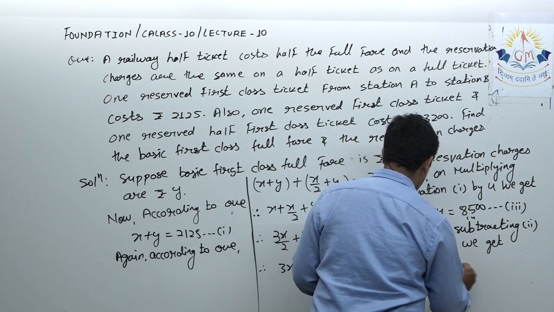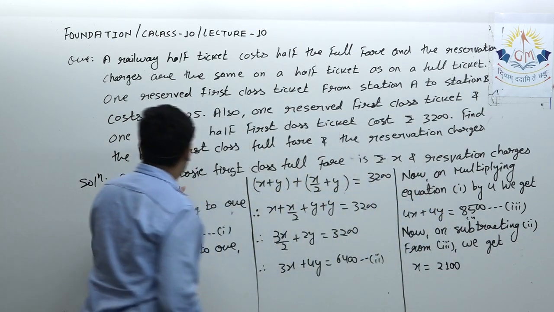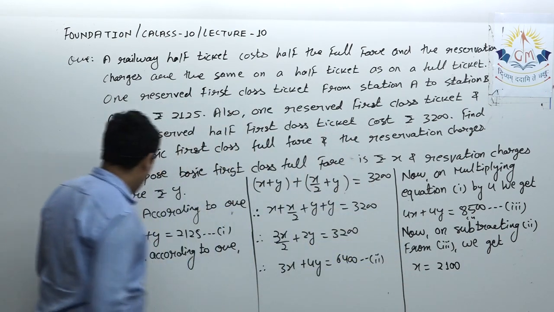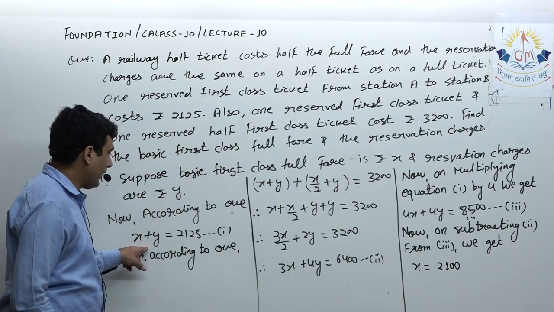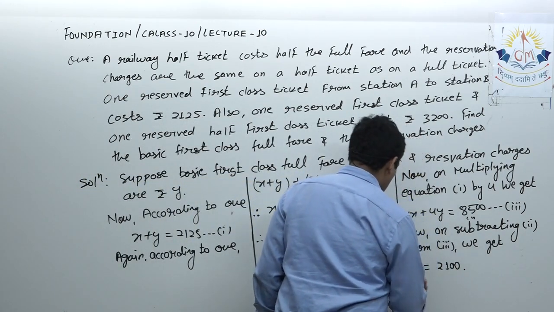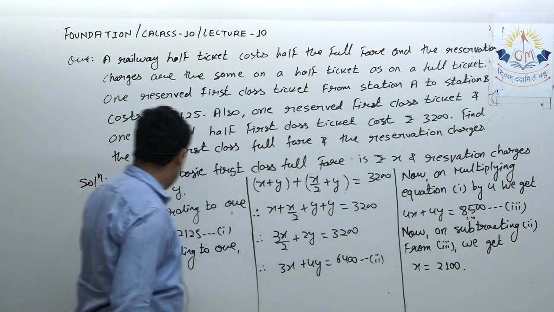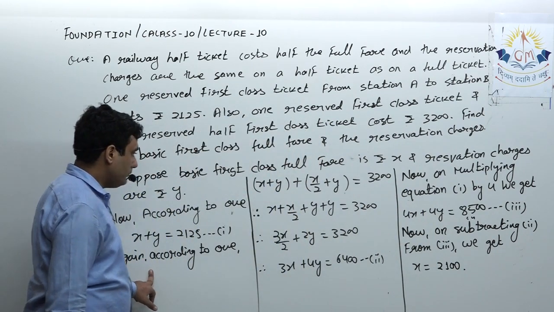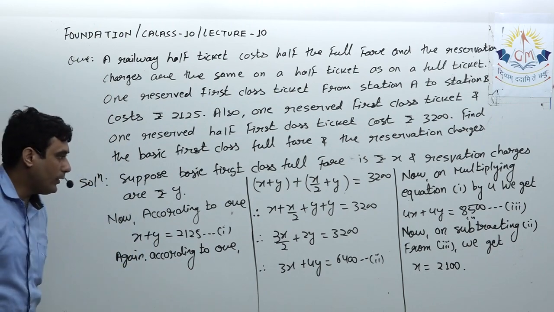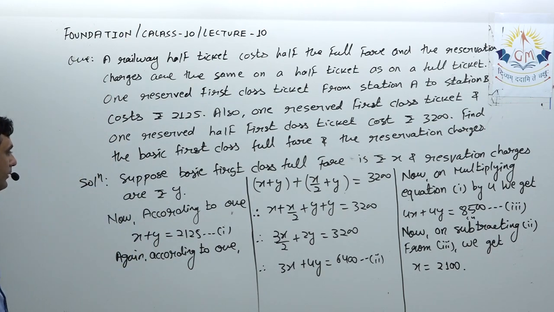That means the basic first class full fare is rupees 2100. Now if I put 2100 over here, I will get the value of Y. So it is almost done. Note it down up to this point, and only one line is left that I will give you on the next page. So note it down first of all.